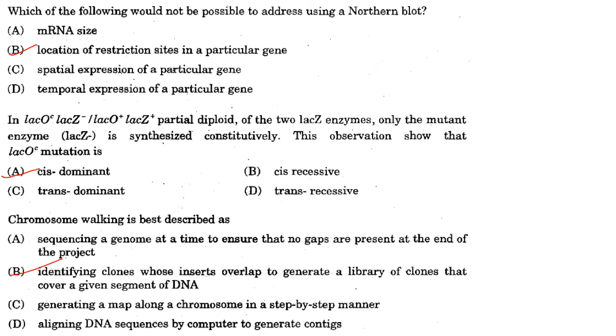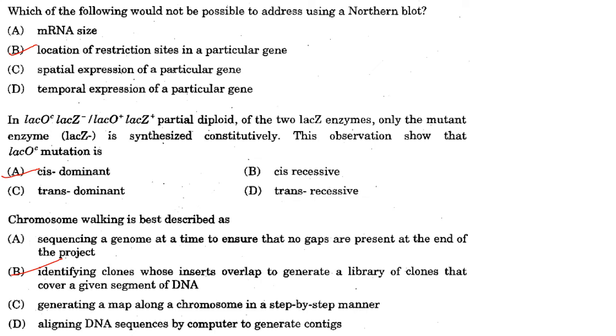Which of the following would not be possible to address using northern blots? Northern blots allow mRNA transcript size comparison with RNA size standards. So option A is possible with northern blot. Then location of restriction sites in a particular gene, that is not possible with northern blots. And spatial regulation of a particular gene and temporal expression of a particular gene, that is also possible with northern blot. So what is temporal regulation or expression?